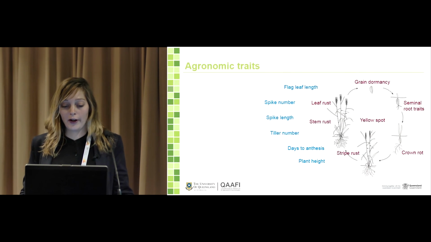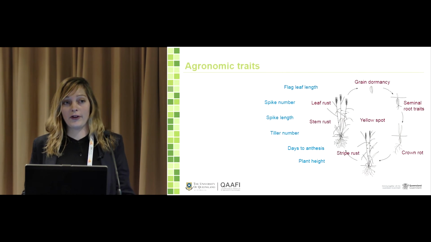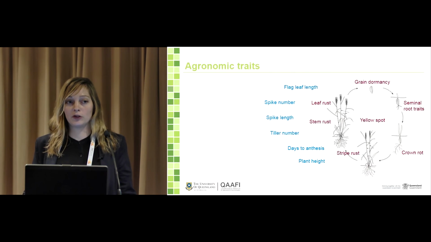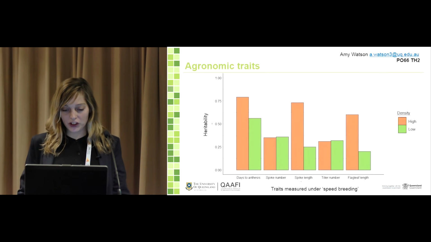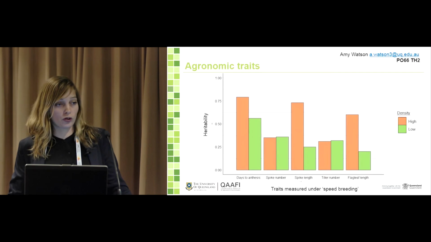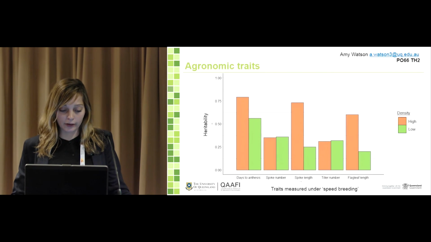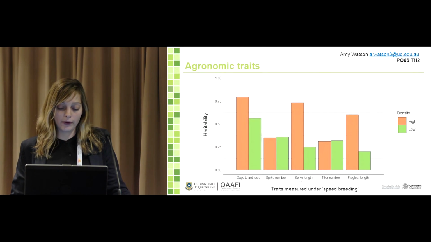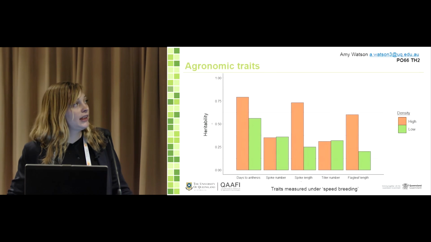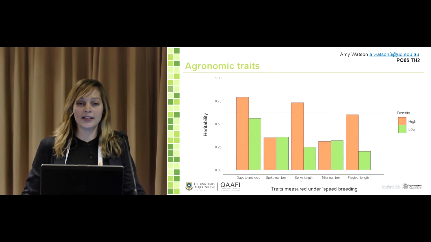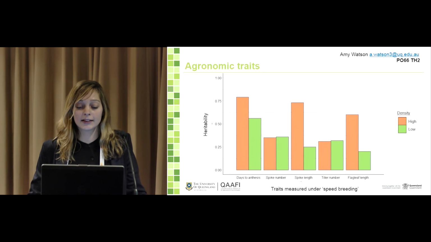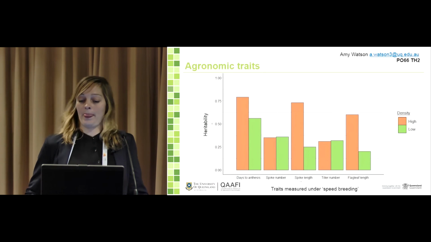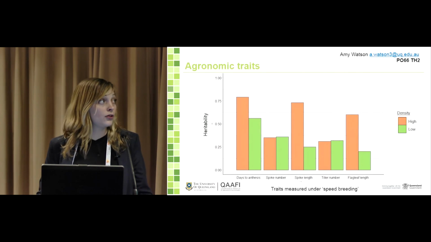Okay. So we also developed some protocols to measure some agronomic traits in the speed breeding system. This is actually Amy's work. She measured some traits in the speed breeding system, including days to anthesis, spike number, spike length, tiller number, and flag leaf length. She tested the heritability of these traits using a double haploid population of 130 lines, at two different densities, a high density and a low density.